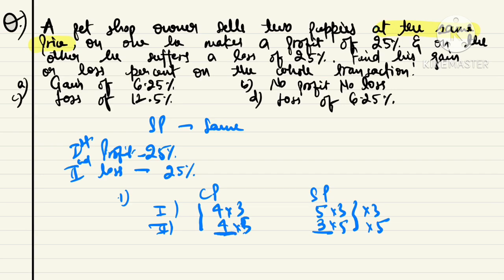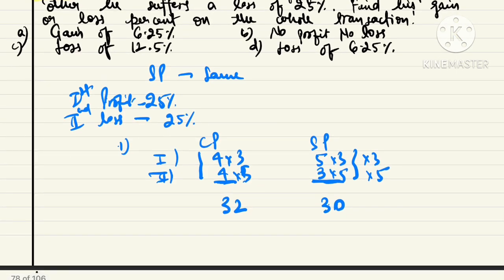So what will be the entire cost price here? So it will be 32, and it will be 30. Fine. So now we need to find the profit or loss percent. Fine. So 32 to 30.